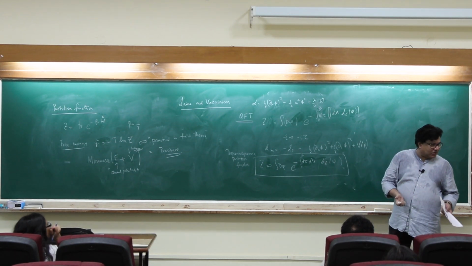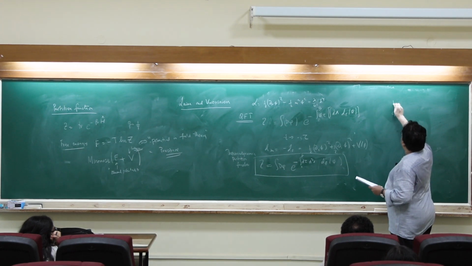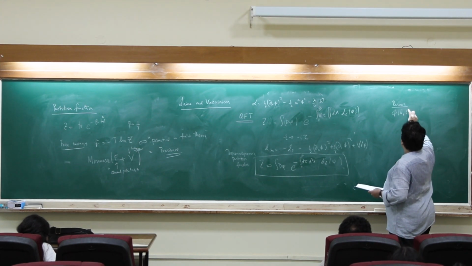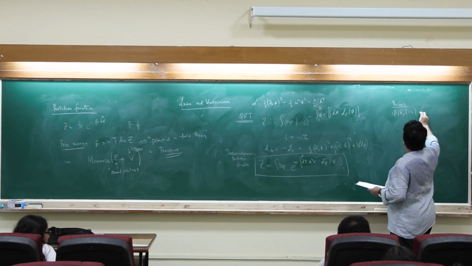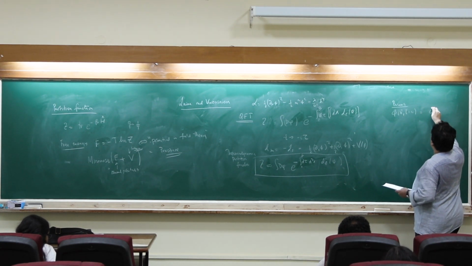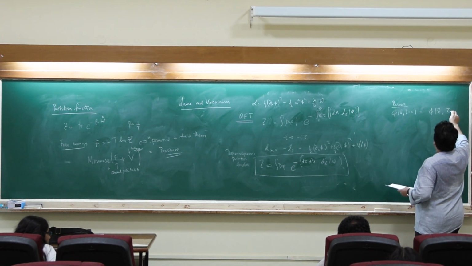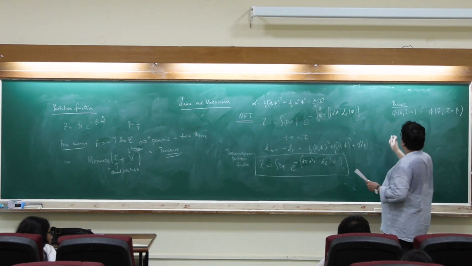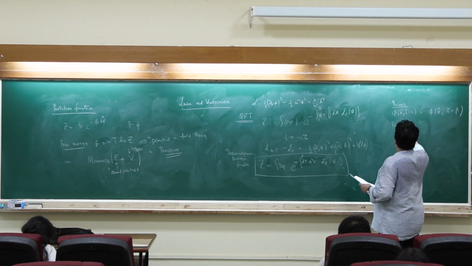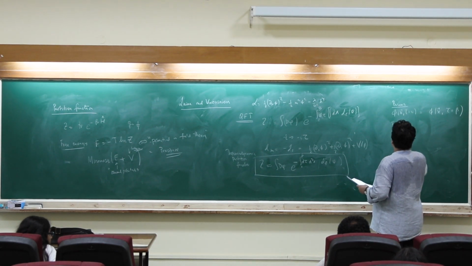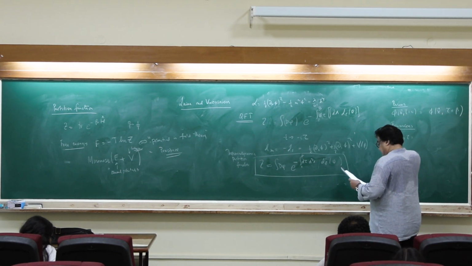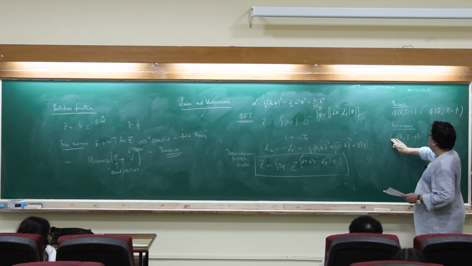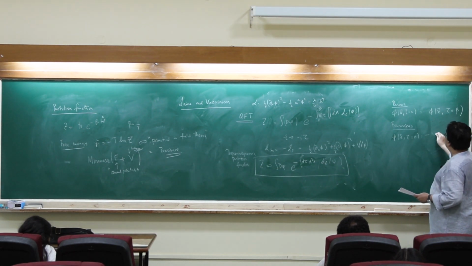There are two possible boundary conditions: for bosons, you will say that phi of x, tau equal to 0 is phi of x, tau equal to beta, and for fermions, phi of x at tau equal to 0 is minus this.